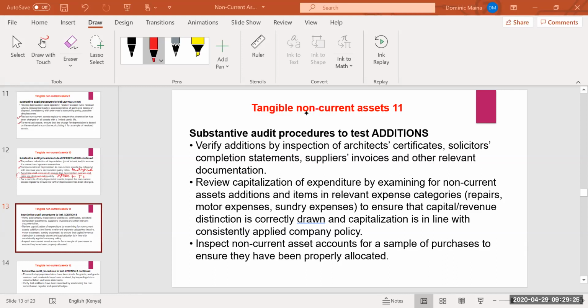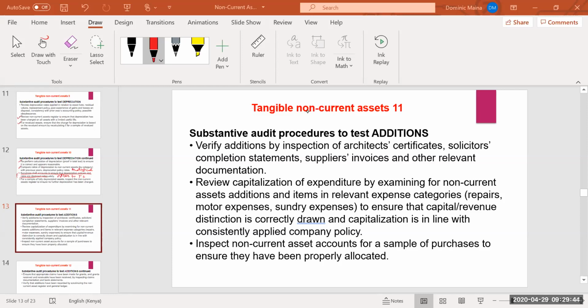If it was capitalized when it was meant to be expensed, then the company assets are way higher than they should be. So you can see the ripple impact of the company policy. You may want to ask the management what policy they followed when it comes to the capitalization policy of expenditures.